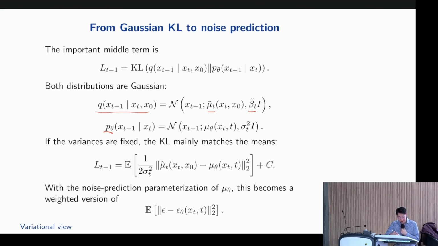And this is our model, where the model predicts the conditional expectation of the one-step cleaned image. So if the variances are fixed, parameter free, then KL mainly matches the means.